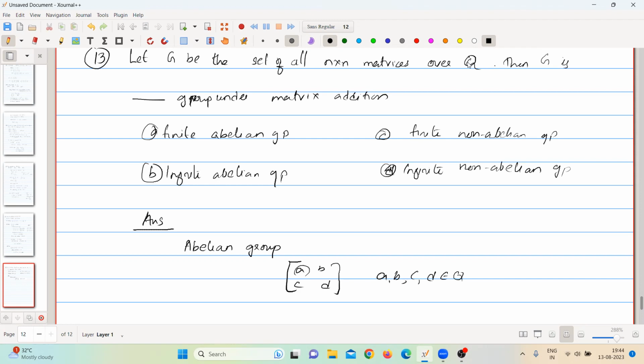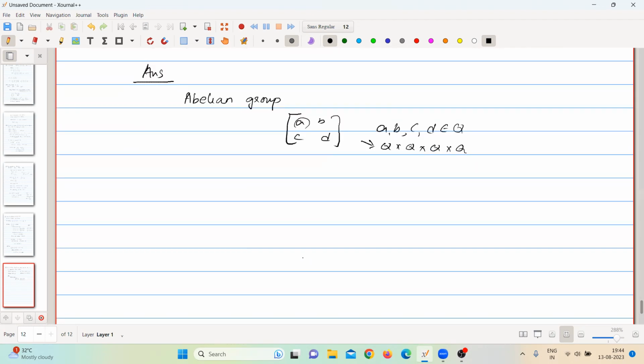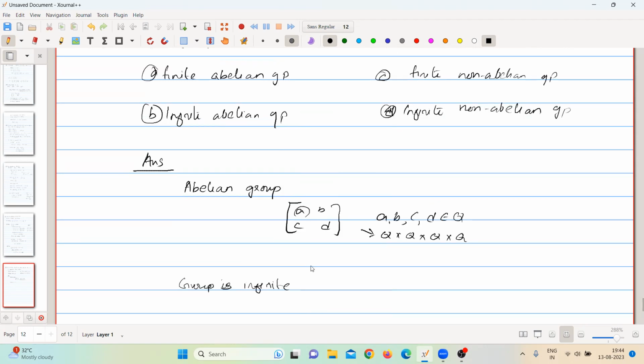So A, B, C, D can take Q cross Q cross Q cross Q possibilities. So there are infinitely many possibilities for an element in the group, so the group is infinite. What we get is an infinite abelian group. So option B is correct, infinite abelian group.